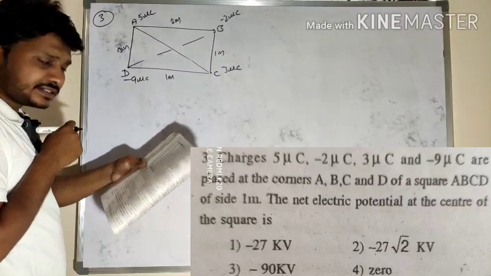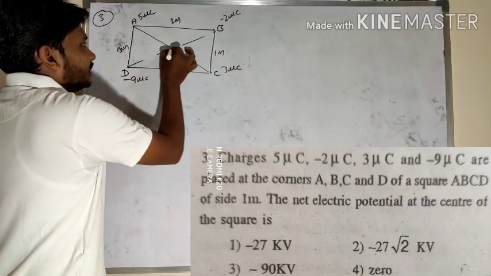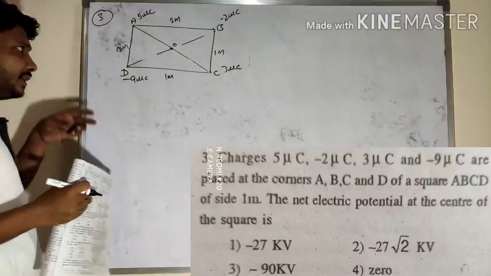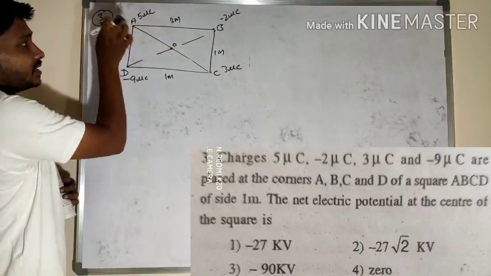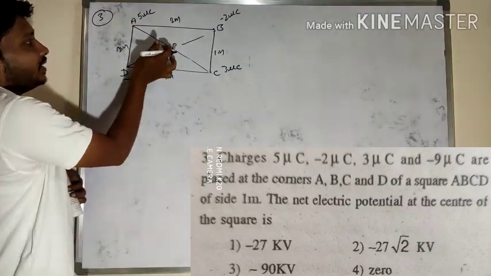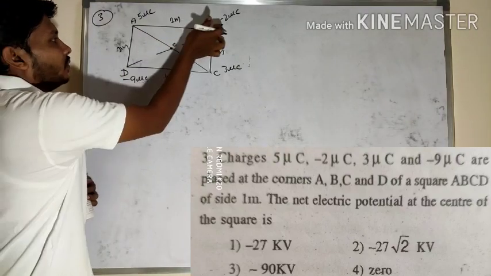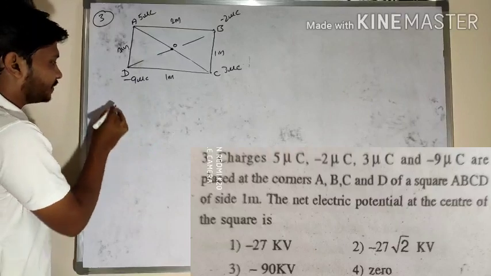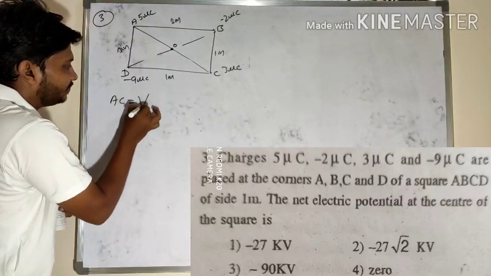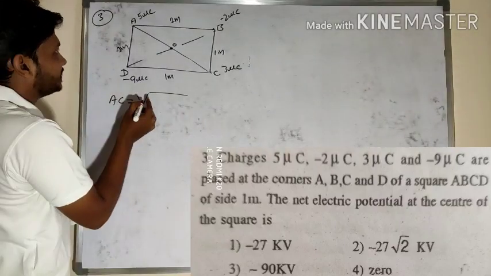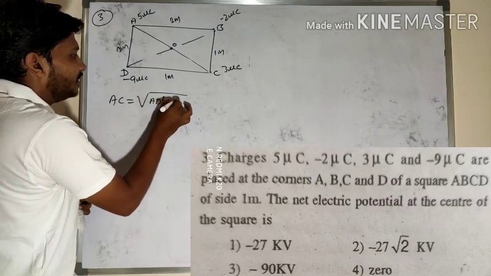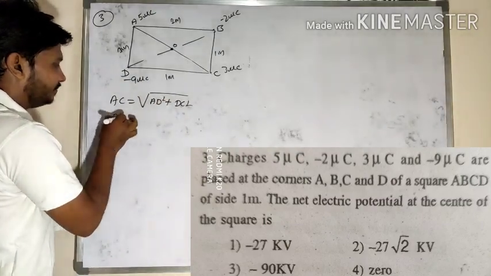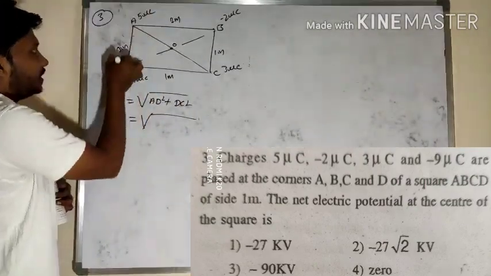We need the net potential at the center of the square. Side value they mention as 1 meter. So I want to calculate the distance from O to A, O to B, O to C and O to D first. For that purpose, AC is equal to the square root of AD square plus DC square. What is the distance from A to D?